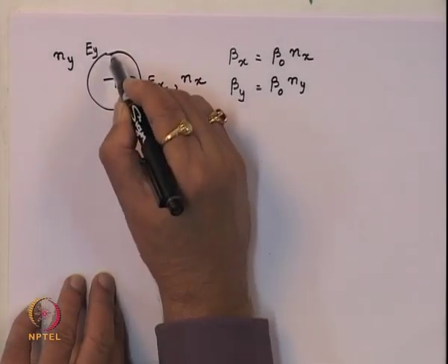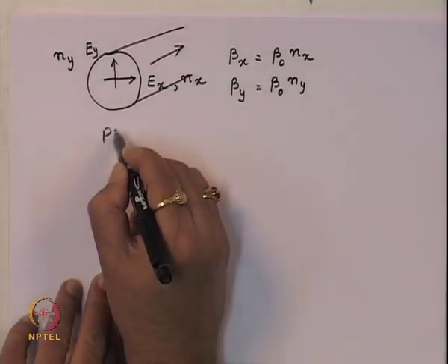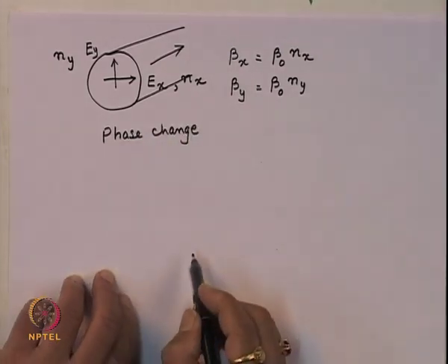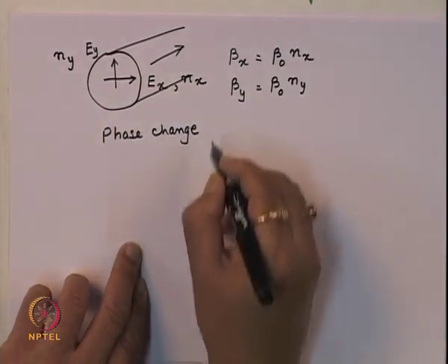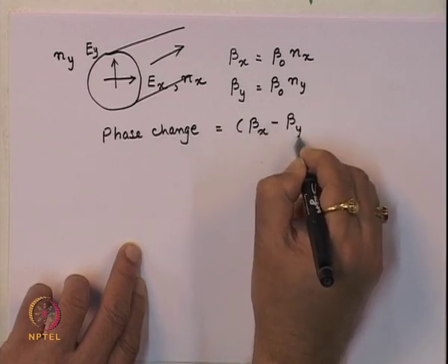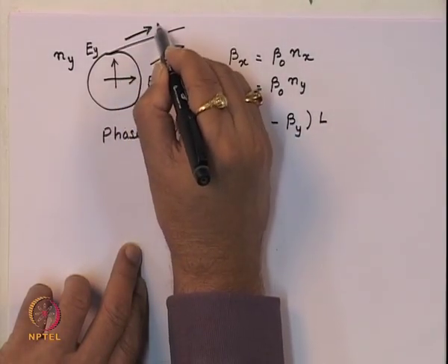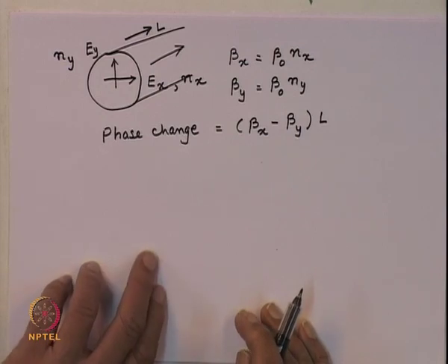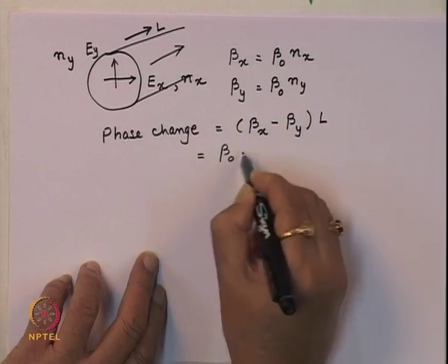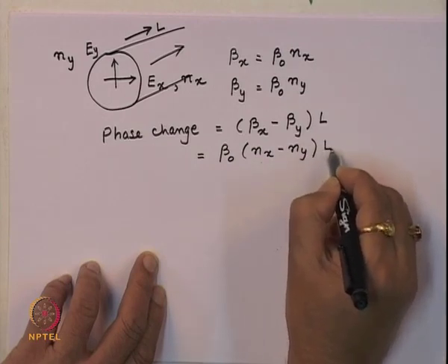So, when the modes propagate on the optical fiber, the phase change between these two polarizations is equal to beta x minus beta y multiplied by the length which it travels along the optical fiber. Substituting for beta x and beta y, we get beta 0 into n x minus n y into length.